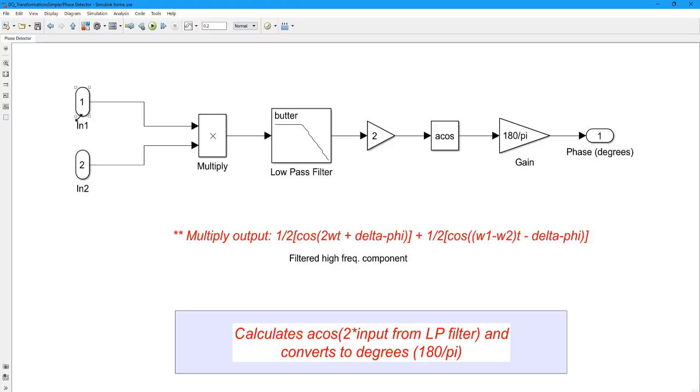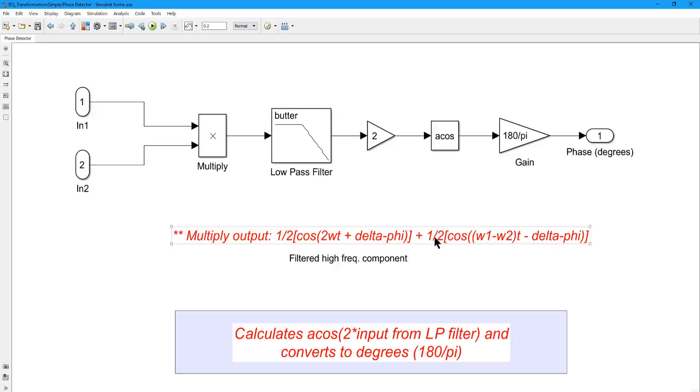Now, if these are both 60 hertz sine waves, the difference is going to be 0. So this component is gone also. Omega 1 minus omega 2 becomes 0, and that component is gone. So all we're left with is 1/2 cosine delta phi, which is the phase angle difference.